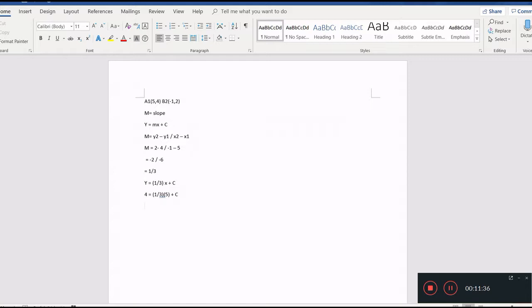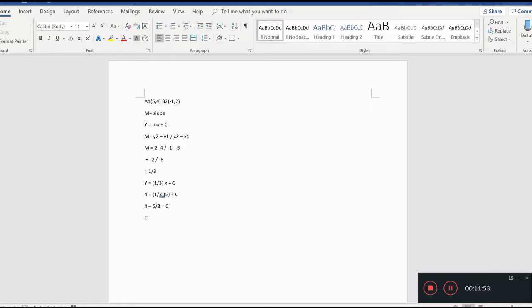To get your c, you bring this to the other side: 4 minus 5 over 3 equals c.